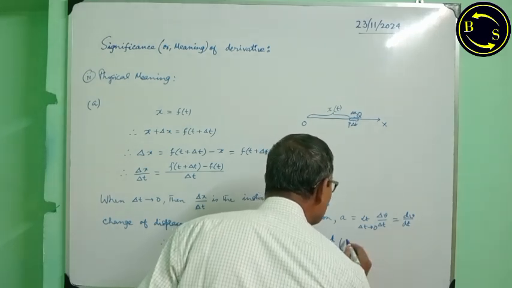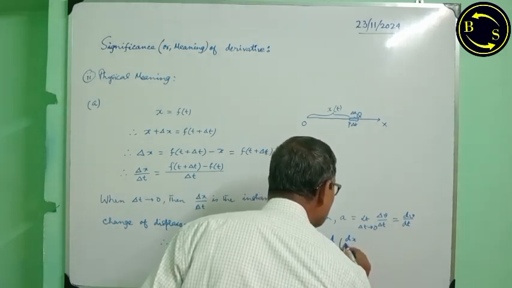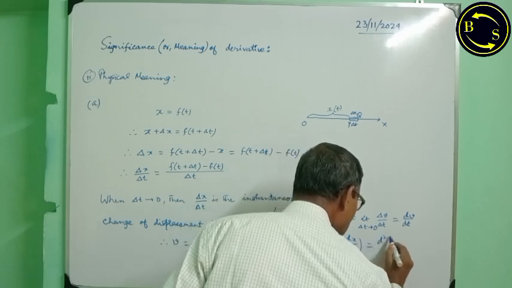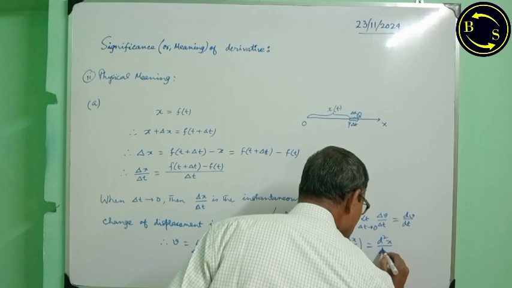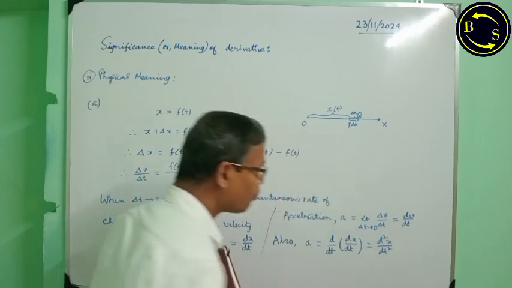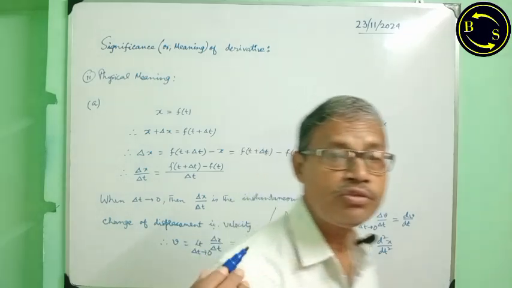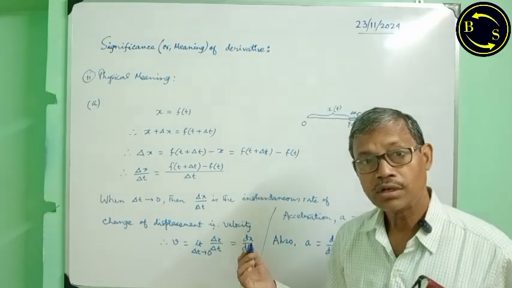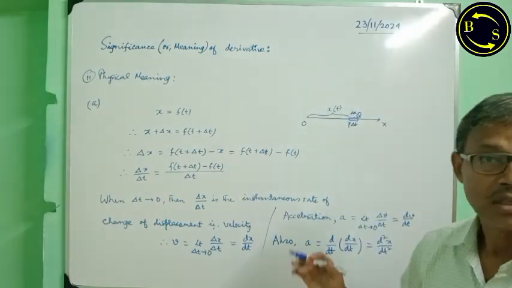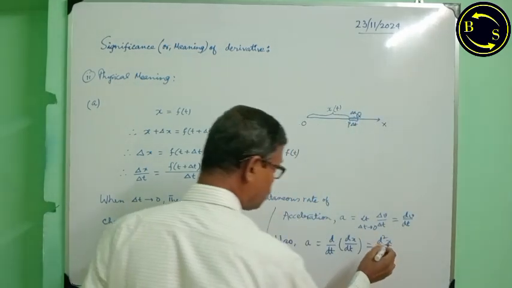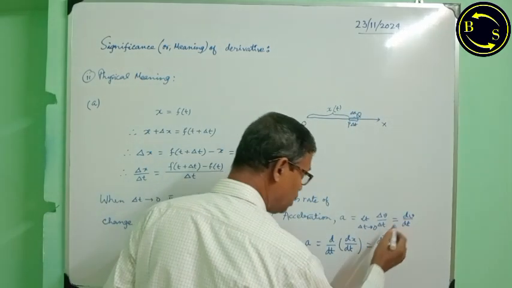In place of v, we put dx dt. Therefore, it becomes d2x dt2. These are very useful for the students who are reading physics. Therefore, acceleration is equal to d2x dt2, also dv dt.